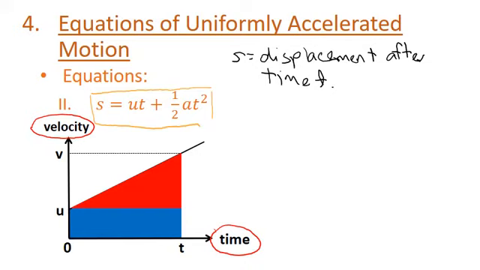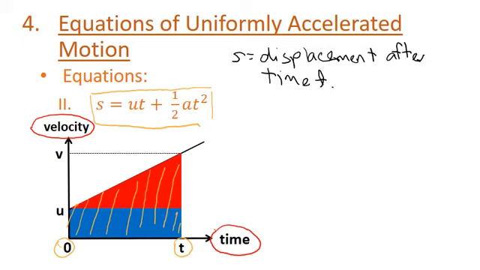If you were to calculate the displacement, all you need to do is find the area under the curve from time 0 to time t. As you can see, I've indicated the area under the curve as a trapezium.